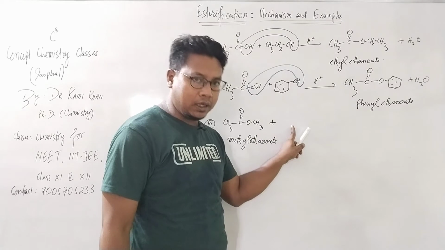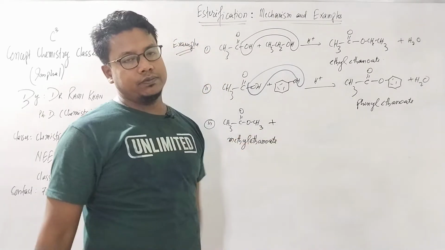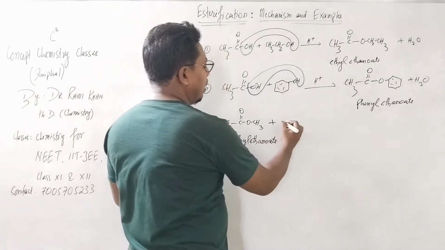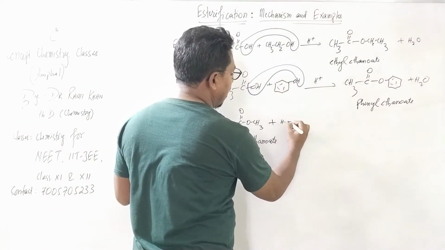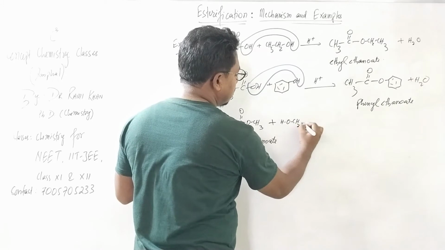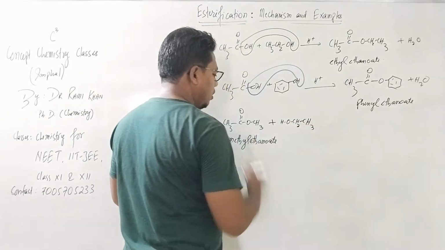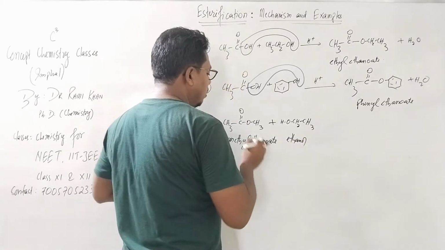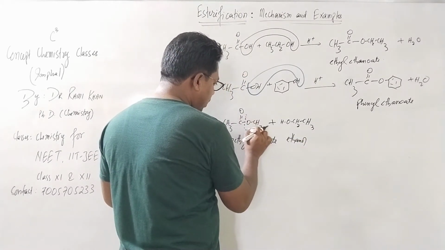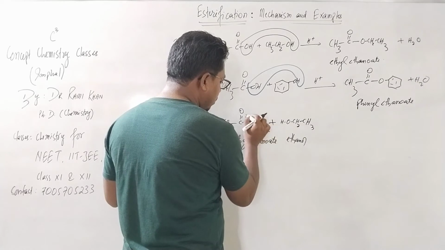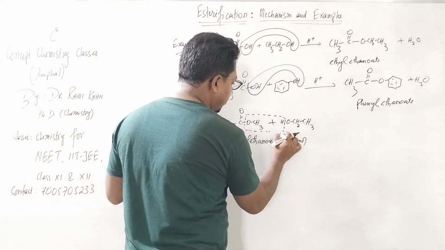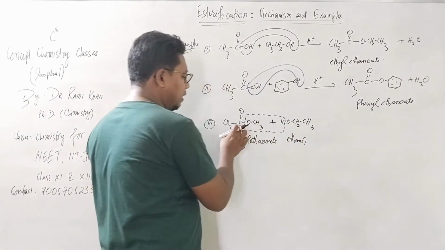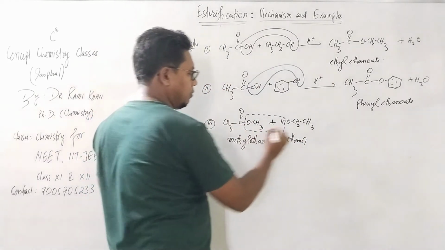If we take methanol here, we will get this ester. No reaction will take place. We will get the same ester. So I am taking this alcohol. This is our ethanol. And this bond will be broken. Methoxy group will combine with hydrogen to form methanol, and this ethoxide group will be attached to this carbonyl carbon atom.